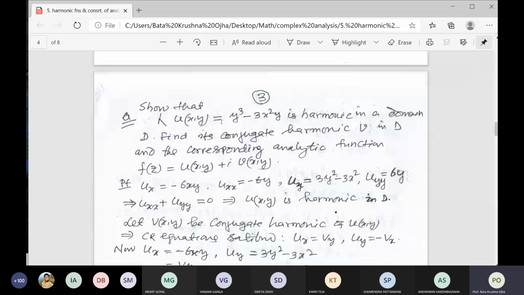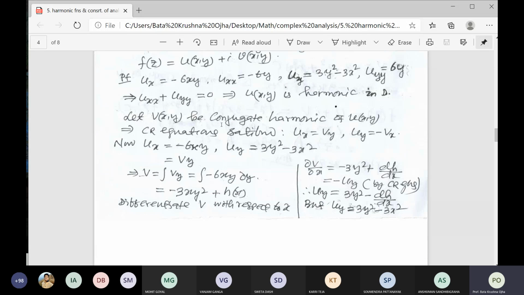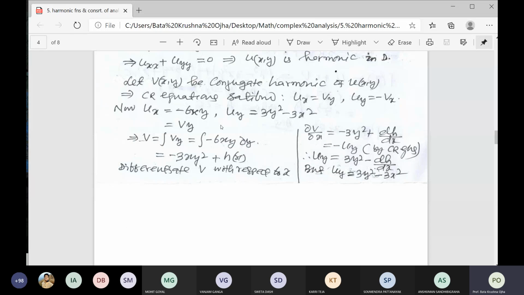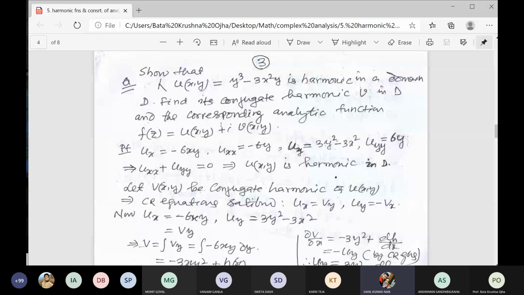You check, please. Hello, sir. Hello, sir. Sir, finding v, that is the conjugate harmonic function, can also be solved, as it comes out to be an exact differential equation.